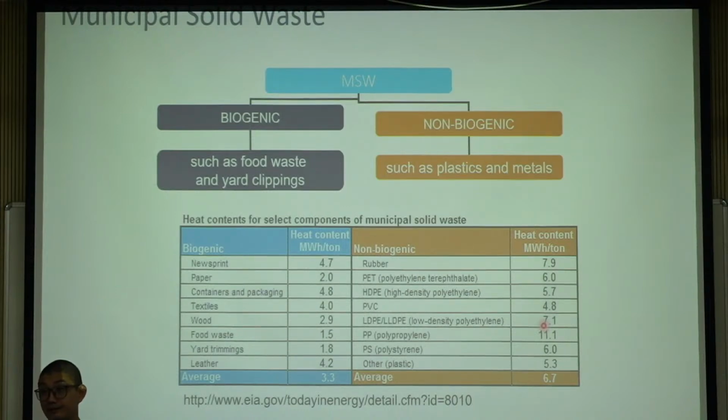That's why currently people try to convert plastic waste into syngas or hydrogen gas. For biological waste, like our agricultural waste and food waste, the average heat value is maybe half of the non-biological. So let's see which one you want to convert.